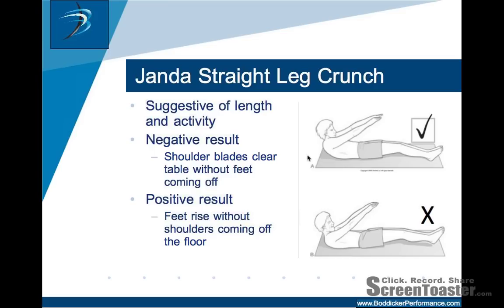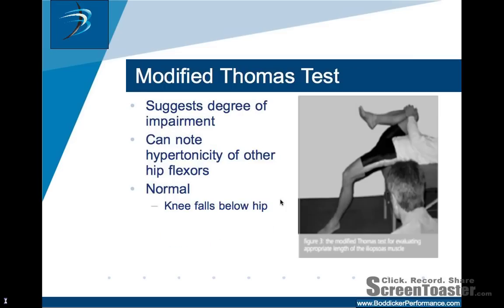That means that the psoas is probably not hypertonic or short. A positive result is the feet rise before the shoulder blades can clear the floor. This, of course, being a good test, a negative result for psoas shortness, and this one here being a positive test for psoas shortness.